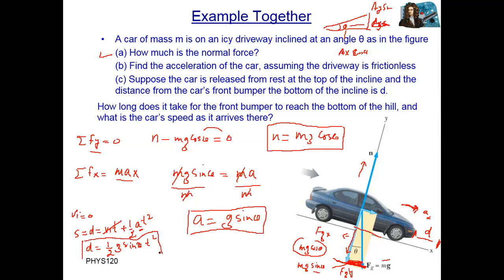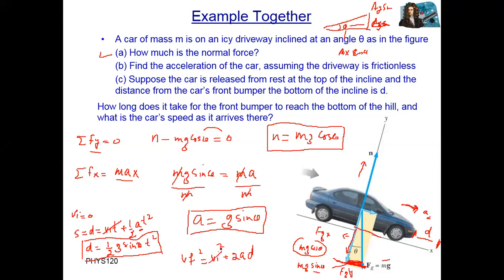Now we know the distance. So how can we find the final velocity? We can find it from the last equation: Vf square is equal to Vi square plus 2 a d, where d is our distance, our displacement.